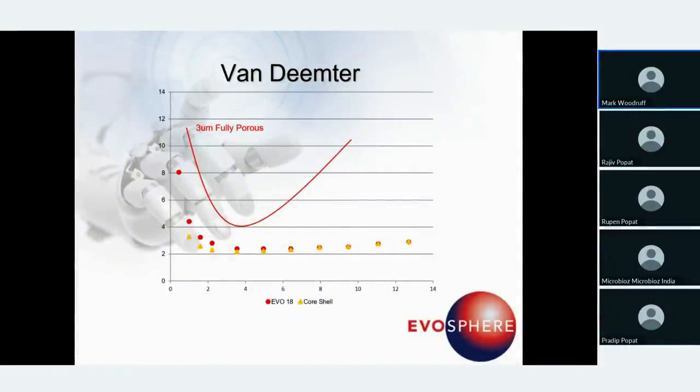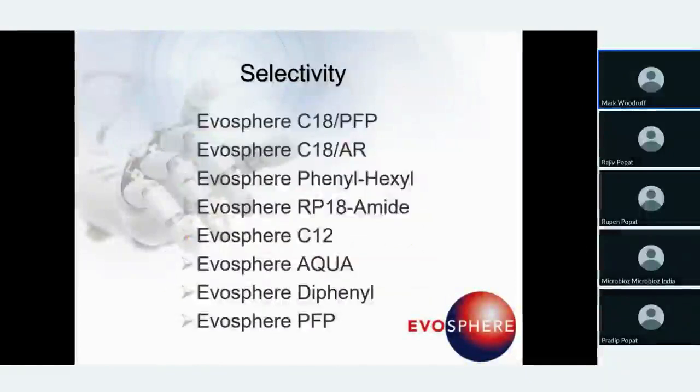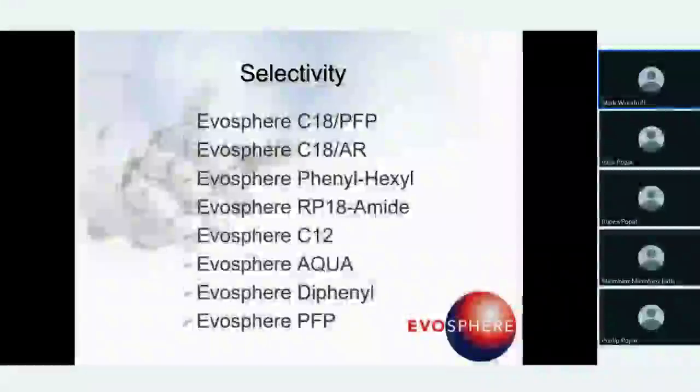Now what can we do in terms of the selectivity gains? So I showed you this list earlier. We can add some new and unique selectivities onto these particles and therefore hope to gain selectivity, which you saw was the strongest term within the resolution equation.